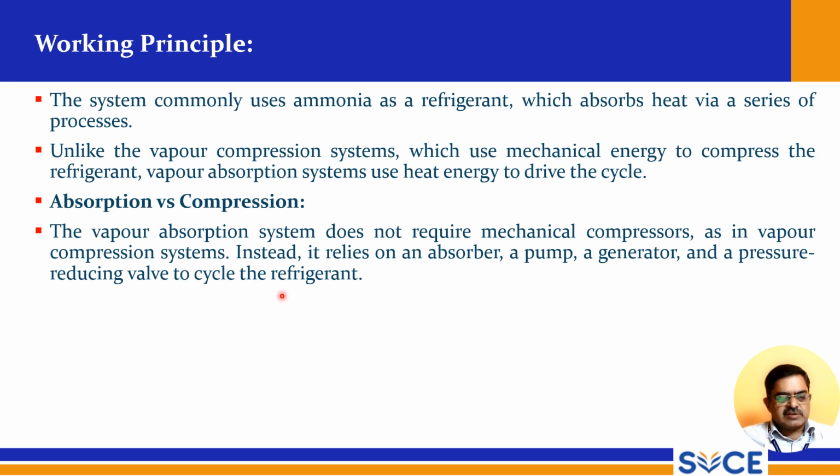So instead of a compressor, we are using an absorber, a pump, a generator and a pressure reducing valve. These four are the major components we are going to see in this particular topic.